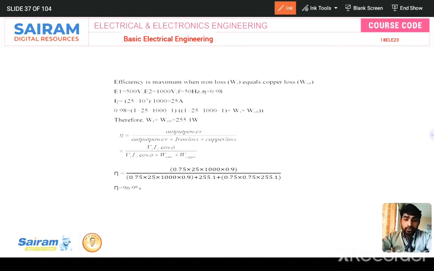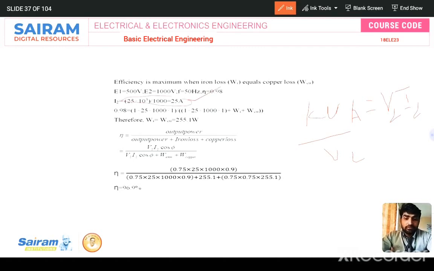So I2 we can calculate by using the turns ratio. I2 is kVA divided by V2, since kVA is V2 into I2. So kVA is 25 into 10 raised to 3 divided by 1000, and you will get 25 amps.